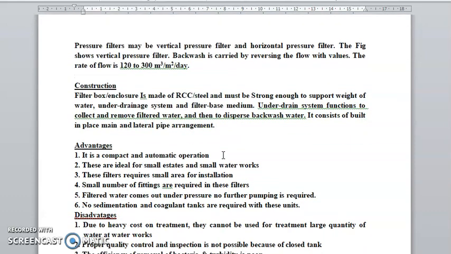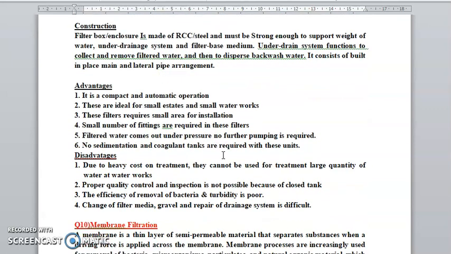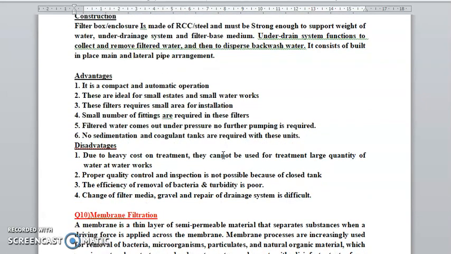Advantages of the pressure filter. First, compact and automatic operation. Second, these are ideal for small estates and small waterworks. This filter requires a small area for installation.